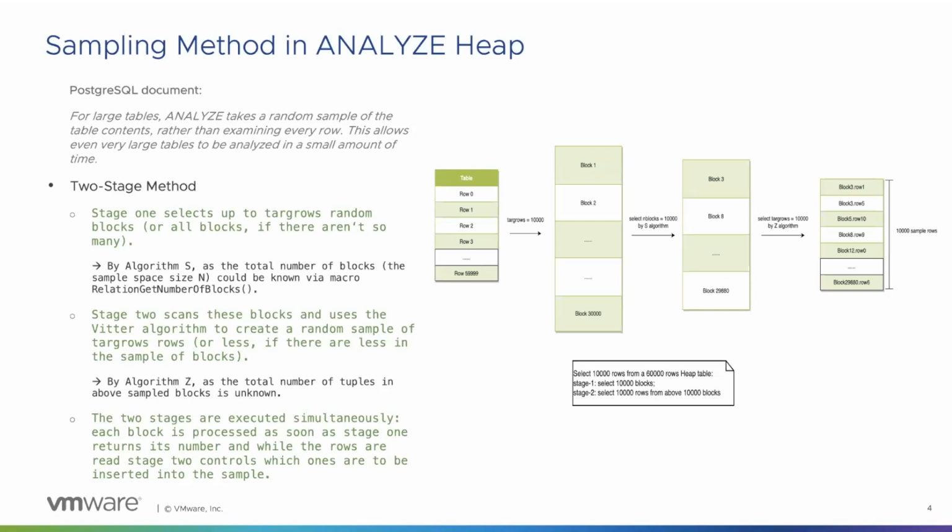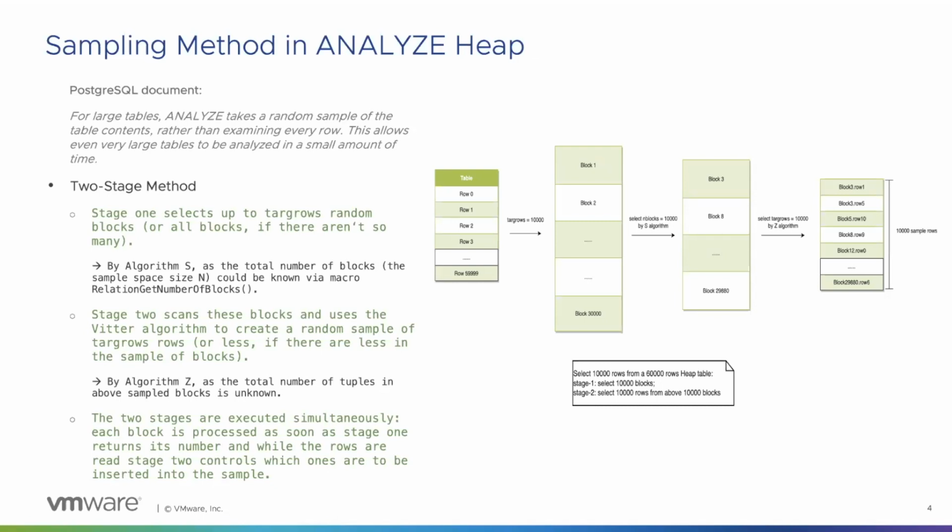Upstream uses a two-stage method. The first stage is to select blocks. The second stage is to select rows from the previously selected blocks. So why does upstream use the two-stage method? Why not just select rows, since analyze just needs rows? As I understand it, for heap, we can know the total number of blocks, but we can't know the total number of rows.